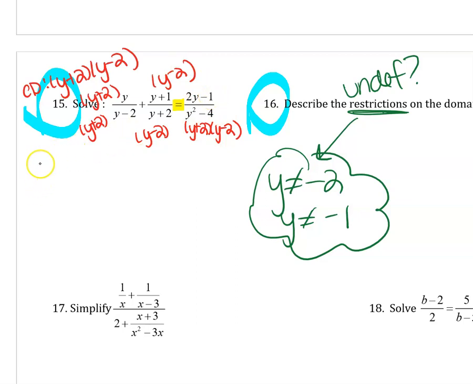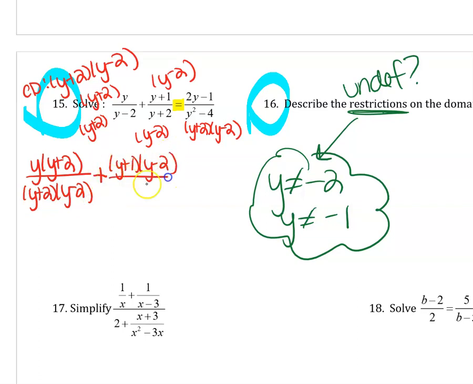So let me rewrite this. I have y times y plus 2 all over my common denominator, plus y plus 1, y minus 2 all over the common denominator, and 2y minus 1 over our common denominator.